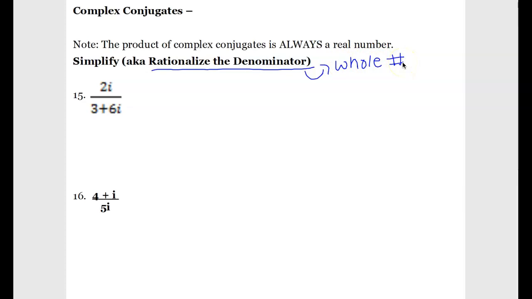The complex conjugate is a minus bi, in the sense that it is always going to be the additive inverse of the denominator.